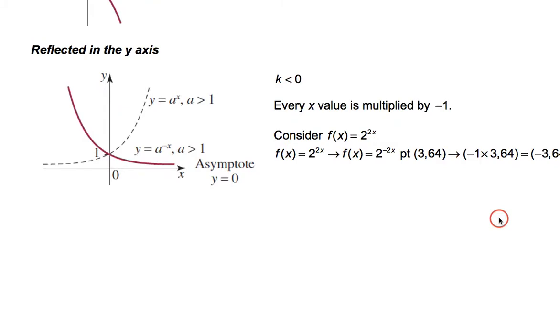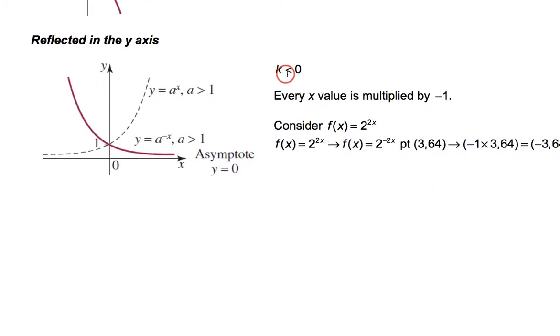Reflected in the y-axis. So this is when we're looking at the coefficient of x being less than 0. So we can see the original graph here, y equals a to the x, and that's for where a is greater than 1. But if we have a negative coefficient in front of the x, it will be reflected in this line here, x equals 0.